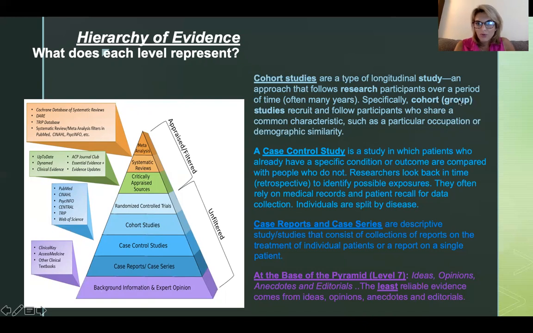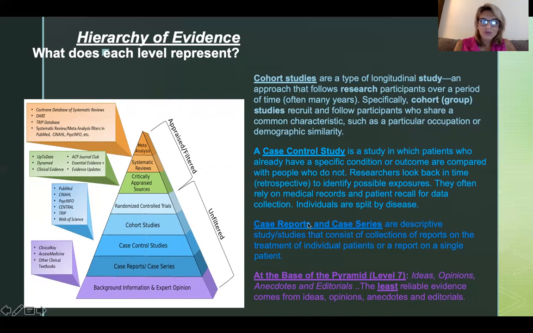Specifically, cohort or group studies recruit and follow participants who share a common characteristic, such as a particular occupation or demographic similarity. Okay, so again, this is a longitudinal study. It's a longer study done over a long period of time, and cohort again means group. So we're looking at a group of people that have something in common over a long period of time.